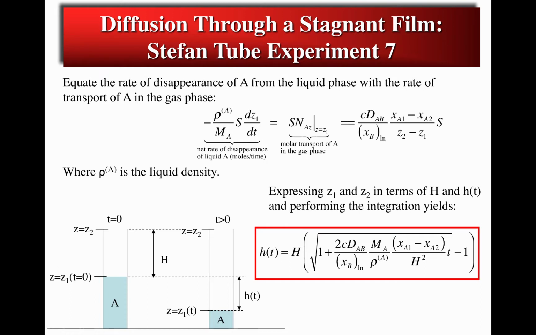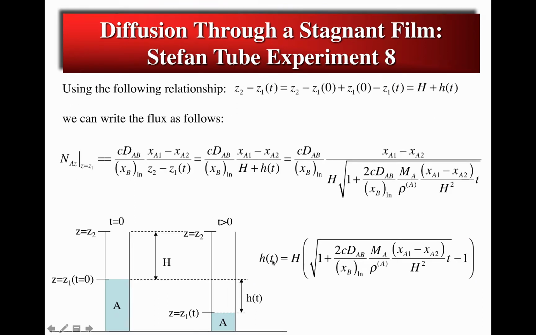With a bit of algebra, you can see the relationships here between Z1 and h of T and capital H, which is the initial gas phase length in the tube at time T equals 0. And eventually, we can integrate the expression for Z1 over T, and we get an expression for how h of T, that is, how the distance from the initial starting point of the liquid level at time T equals 0, evolves in time. And I'll show you on the next slide a little bit more about that.